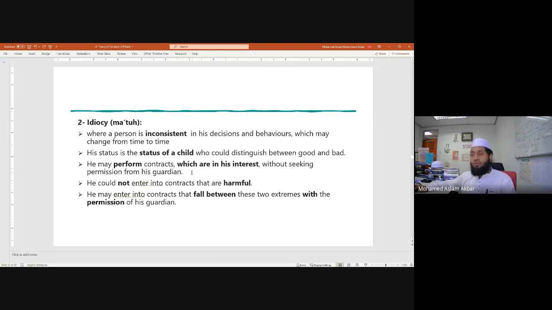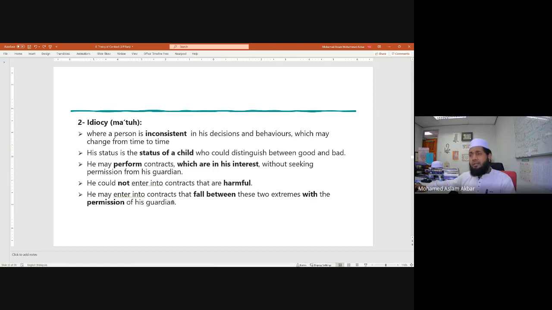He may perform contracts which are in his interest without seeking permission from his guardian. He could not enter into contracts that are harmful. He may enter into contracts that fall between these two extremes with the permission of his guardian. This is what we discussed earlier with the mumayyiz child. He will become like them.